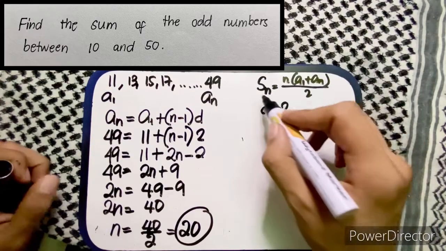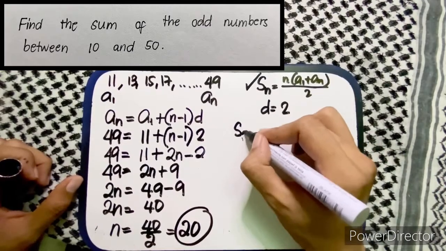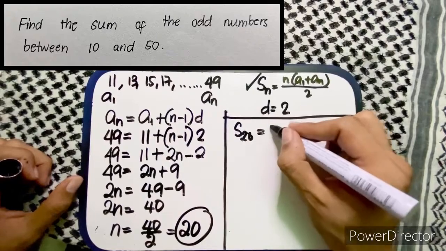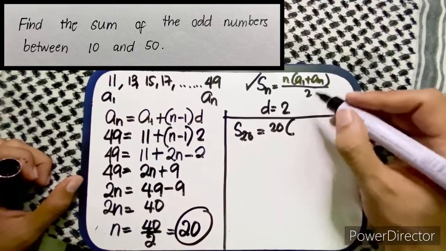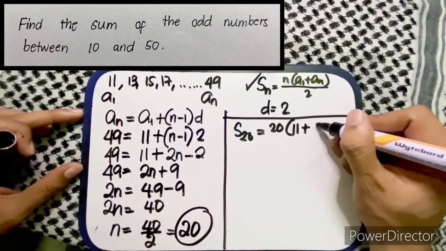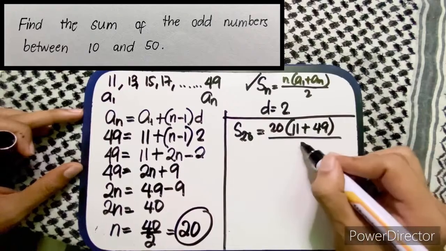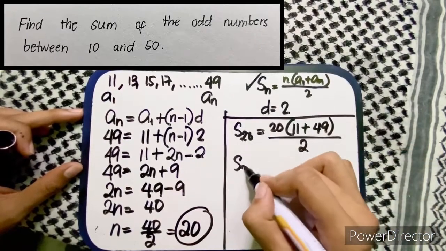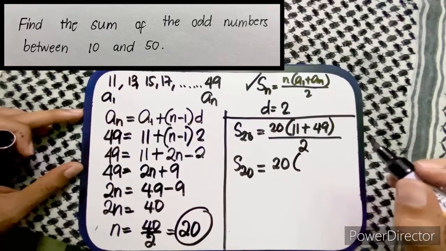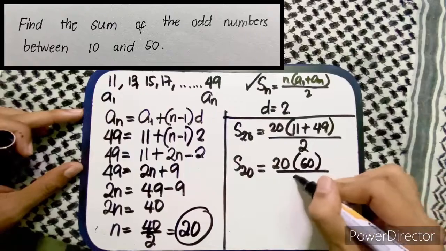So now we can use this formula to get the sum. So s sub 20 is equal to 20 times a sub 1 is 11 plus 49, that is our a sub n, then over 2. So s sub 20 equals 20 times 11 plus 49, that is 60, then over 2.